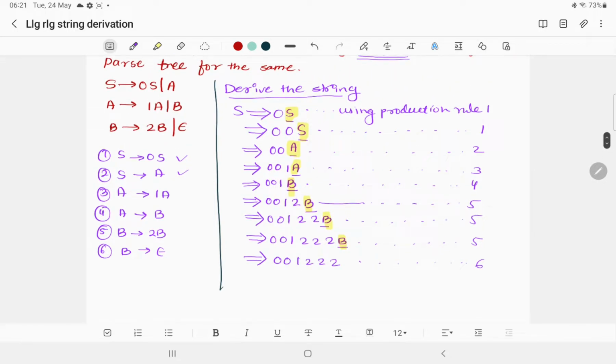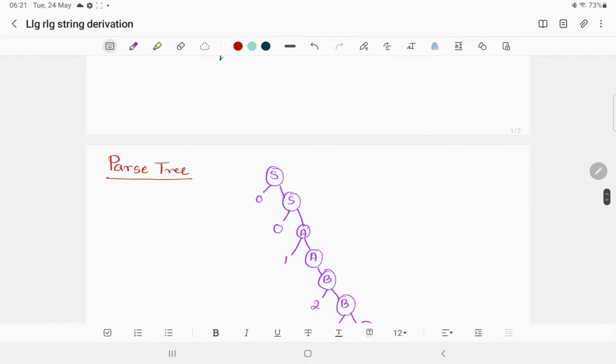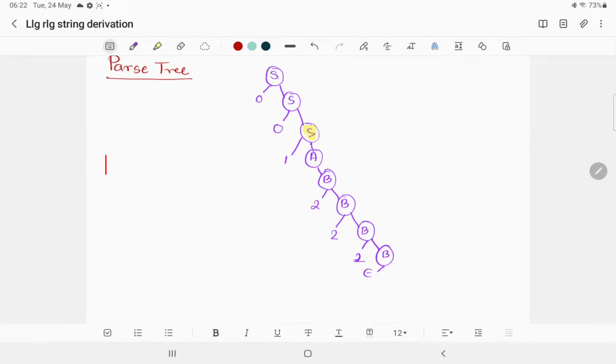The first rule that we use is S giving 0S, then S giving 0S, then S giving A. So now this is the proper tree, that is S giving 0S, next S giving 0S.